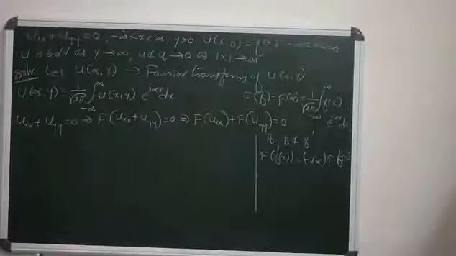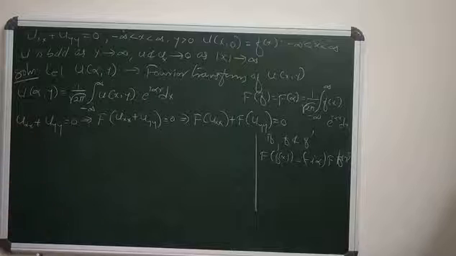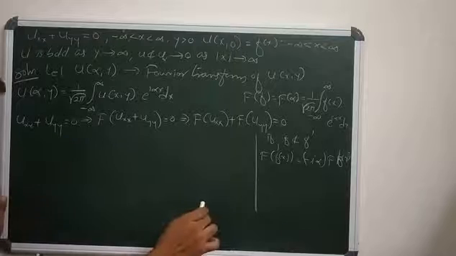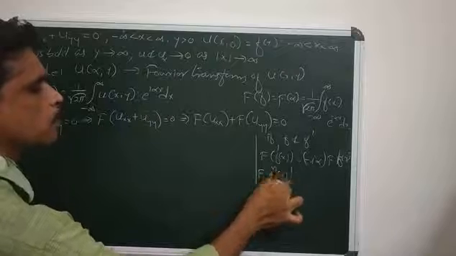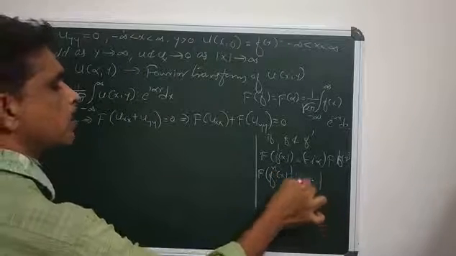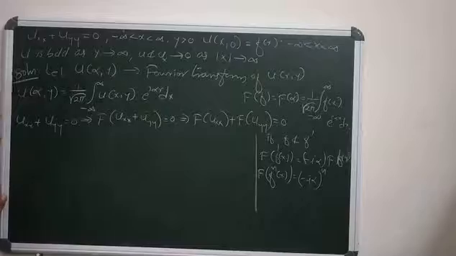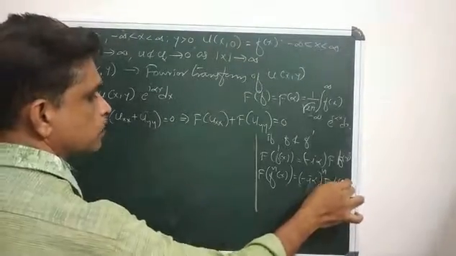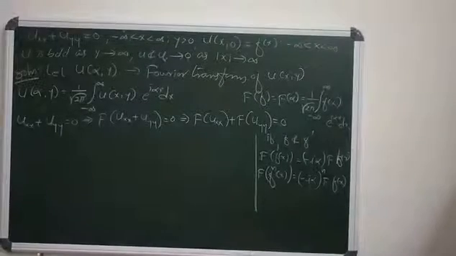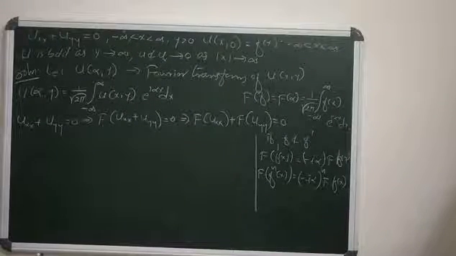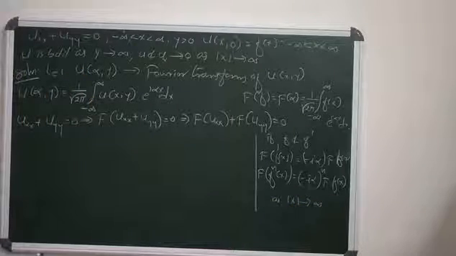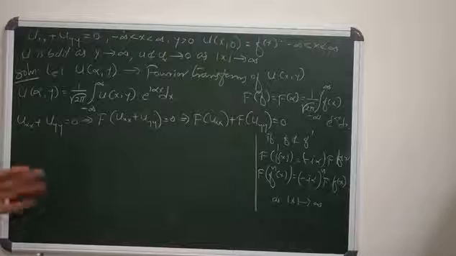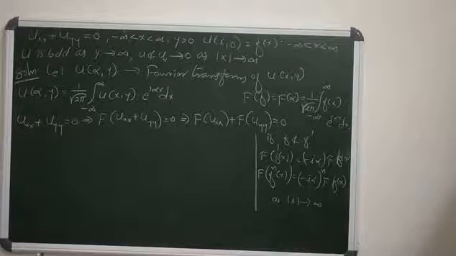So if f and its (n-1)th derivatives go to 0 as mod x goes to infinity, then the Fourier transform says that F of f^(n)(x) equals (minus i alpha)^n times F of f(x).